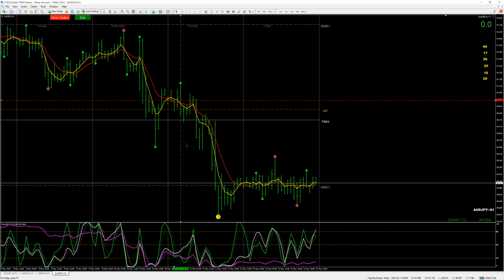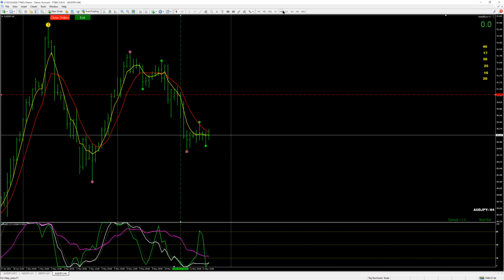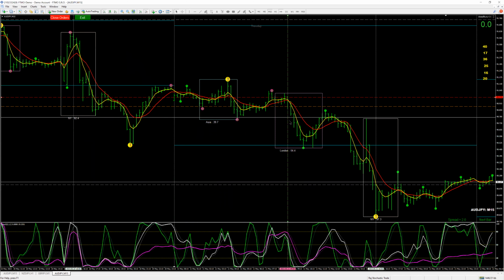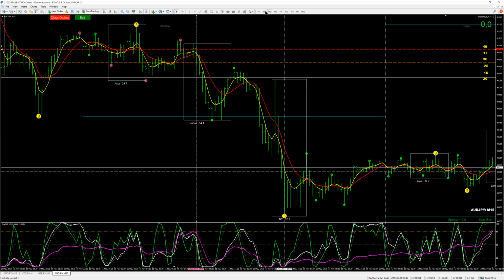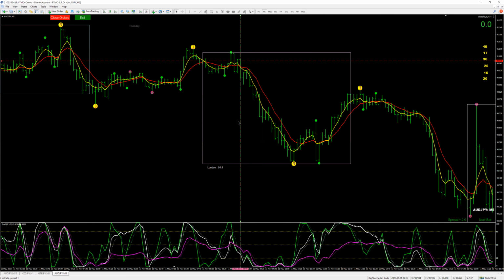Okay, and then your next cycle on the 1 hour is here. What is the 4 hour doing? 4 hours still cycling down, 15 minute cycling down. What is the 5 minute doing? 5 minute gave you an entry here. And the entry wasn't there because it had already started the cycle and gone past the 50.